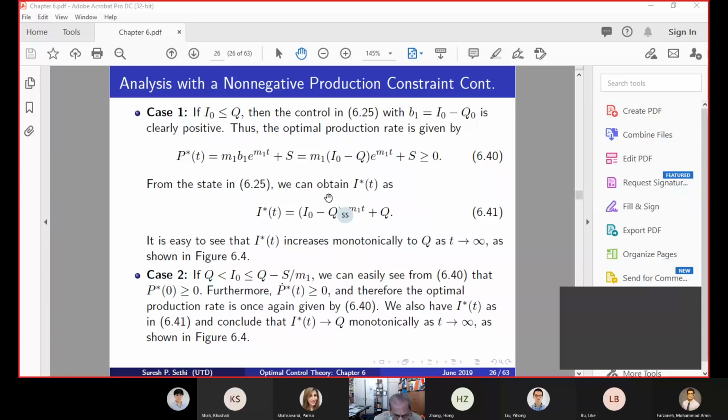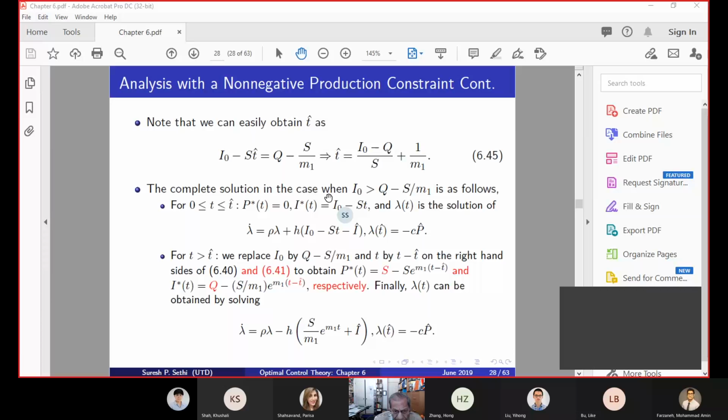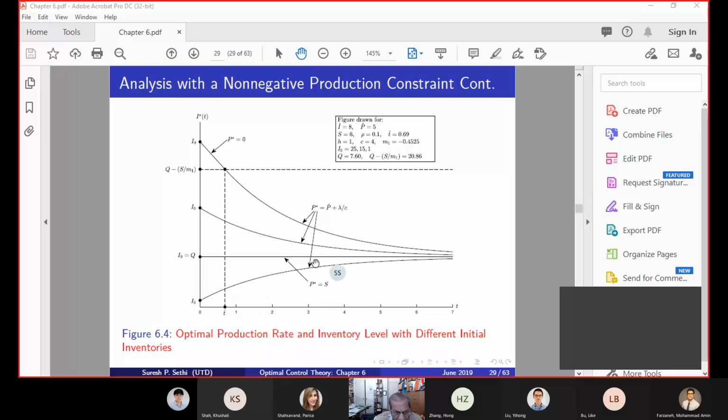So let's look at the picture now. This is Q. This is our turnpike. It's a constant demand, so we'll have a constant turnpike. These are the numbers for this picture. These are the actual drawn pictures for those numbers. So here's your turnpike. You can see that this is Q. Here's I0.